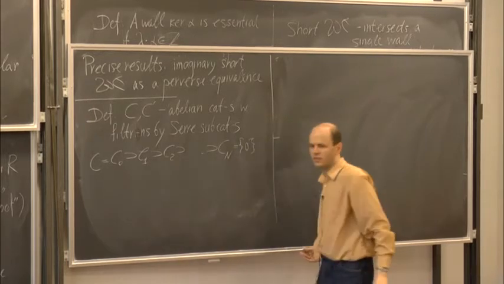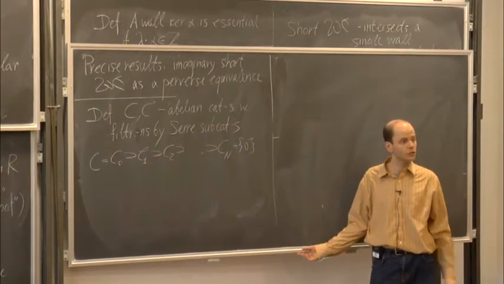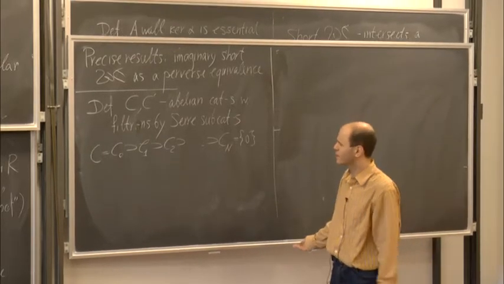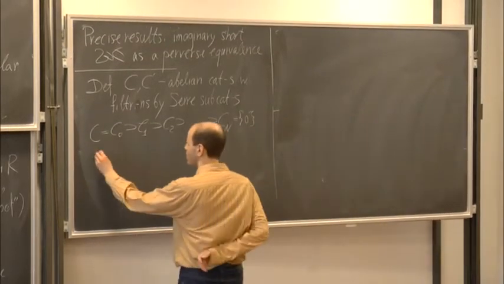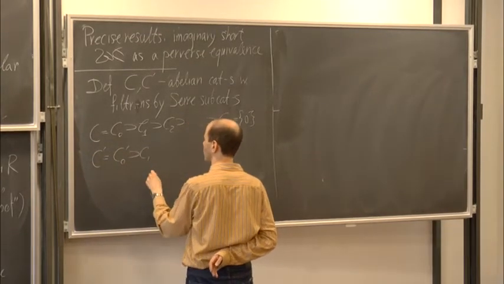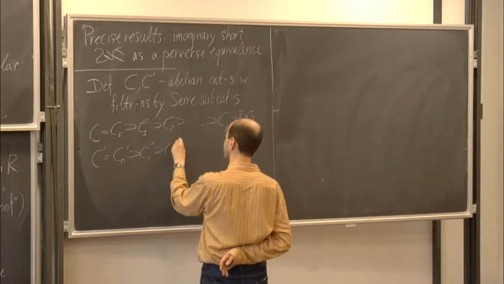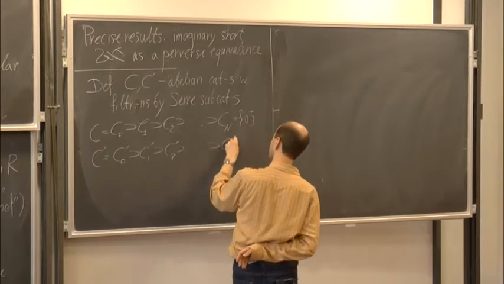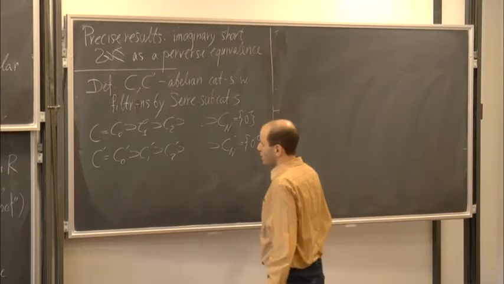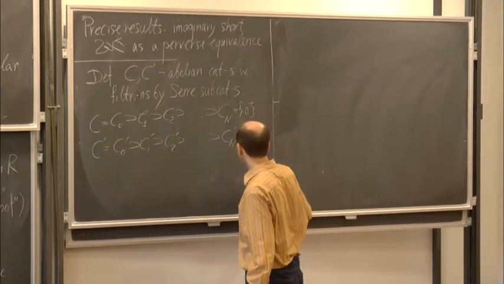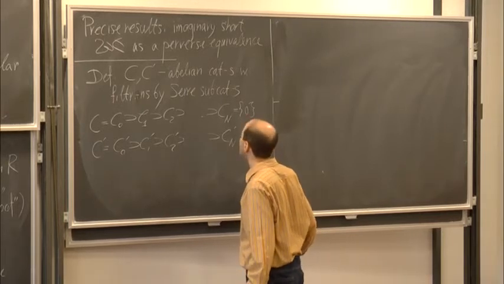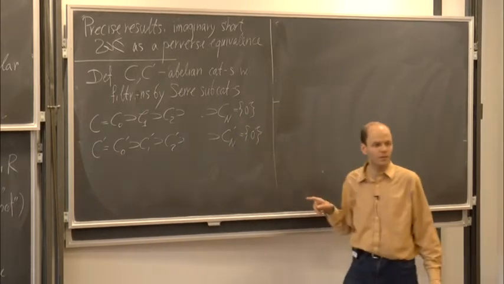I may require the inclusions to be strict, but I don't want to do so. They may repeat, it's convenient for notational reasons. They also have a similar filtration on C', and suppose n equals n. Yes, this is the same number.